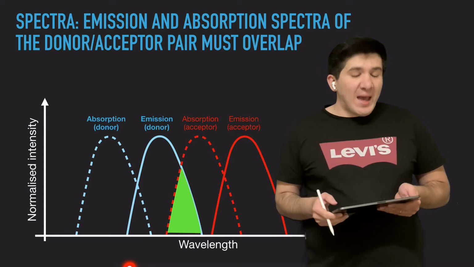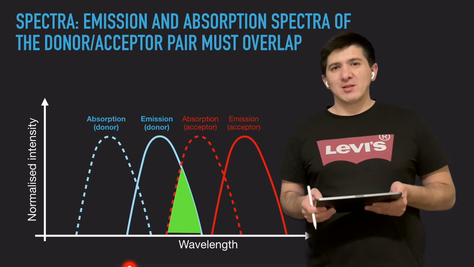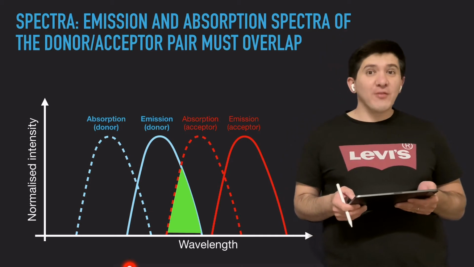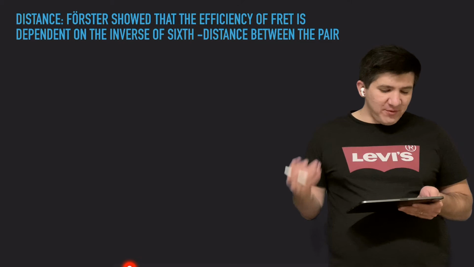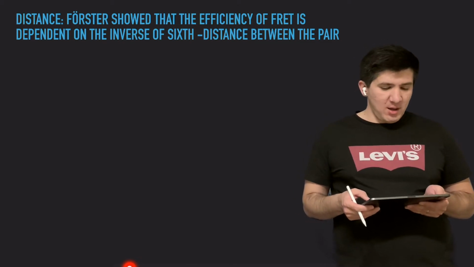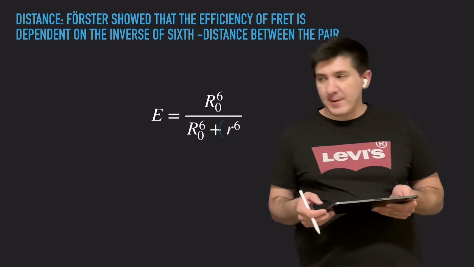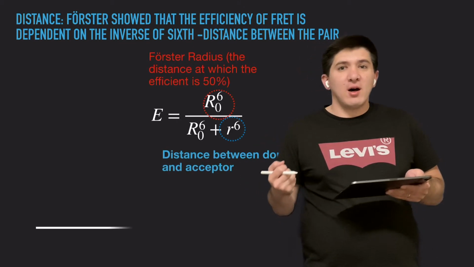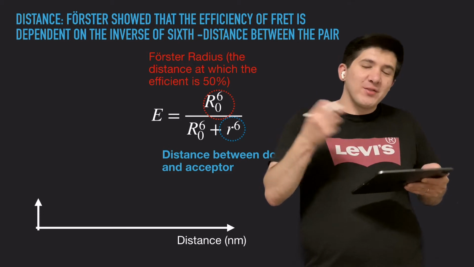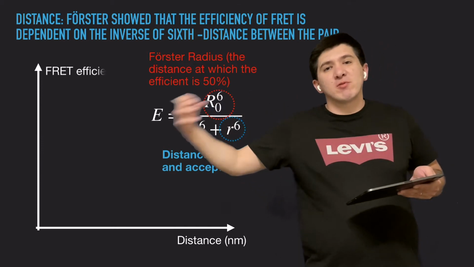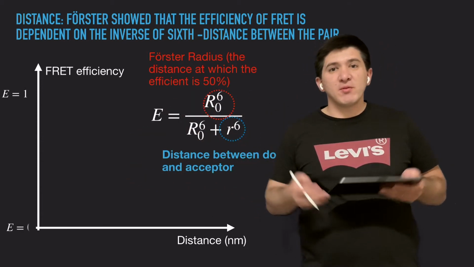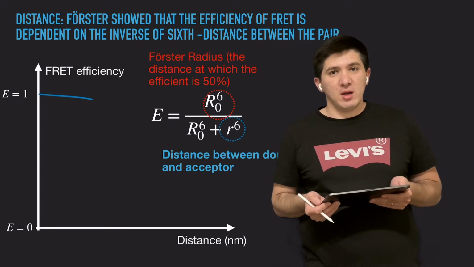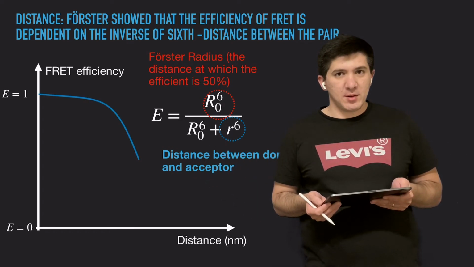So what is the strength of the FRET? We are going to define the strength of the FRET as the ratio of the number of donors which have transmitted the energy to the acceptor to the overall number of donors.